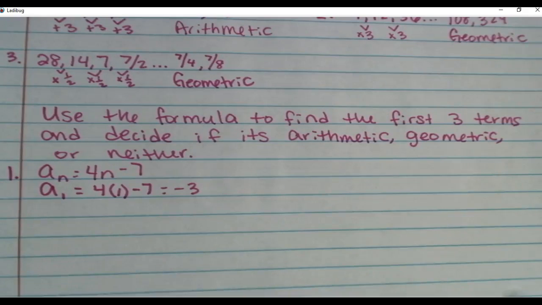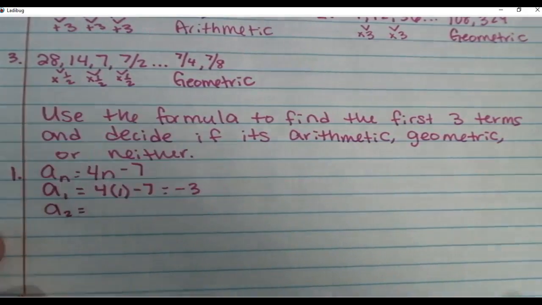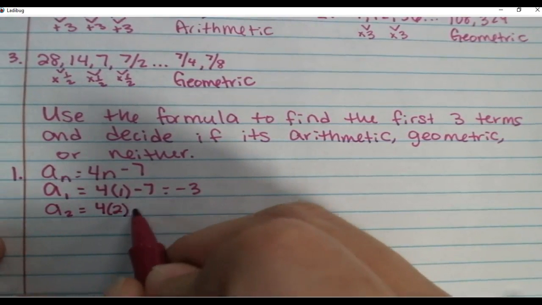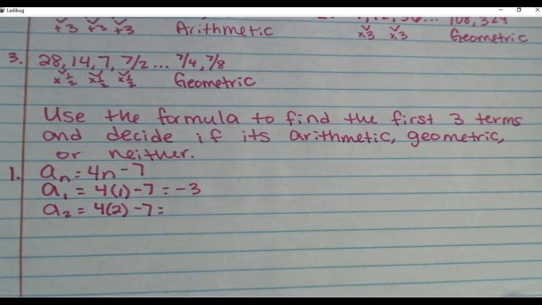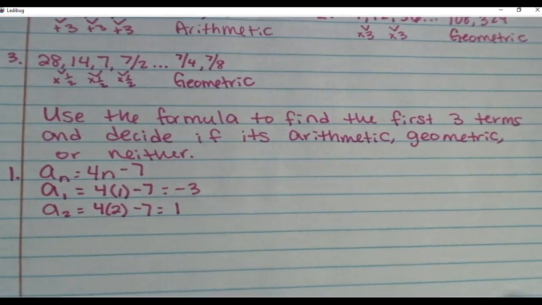Okay. So then if we want the second term, a sub 2, we just plug in 2. So 4 times 2 minus 7. And what is that? 1. Good. So then the second term would be 1.